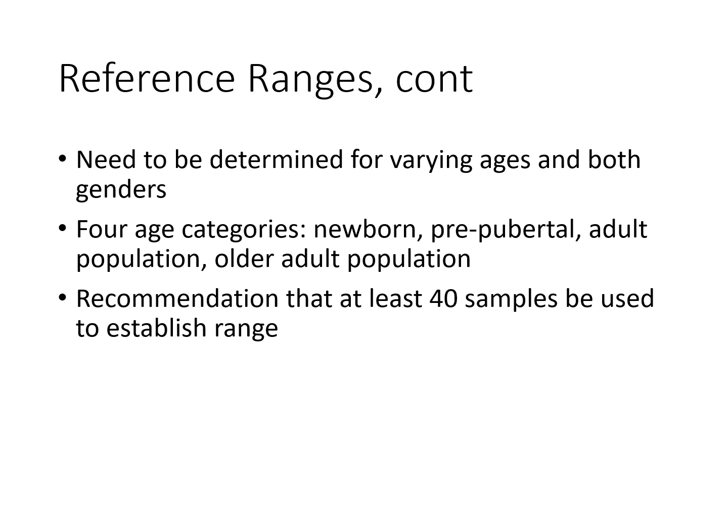Typically, for some analytes, there are age categories. They could be very much different depending on the age of the patient. So a newborn level, pre-puberty, and adult, and then all the way up to geriatric adult as well. The recommendation is that at least 40 samples are used to establish your range.